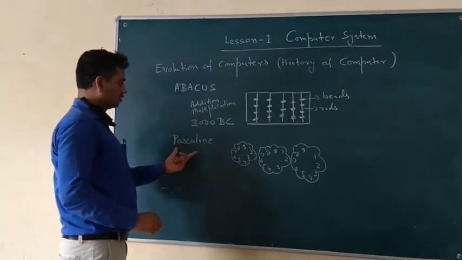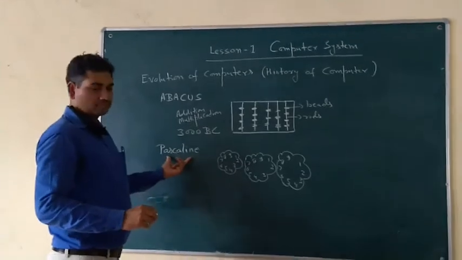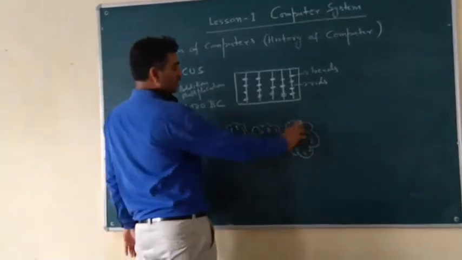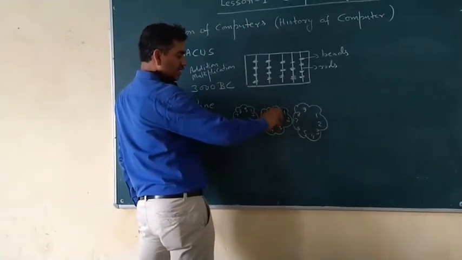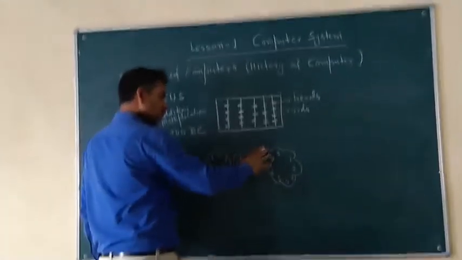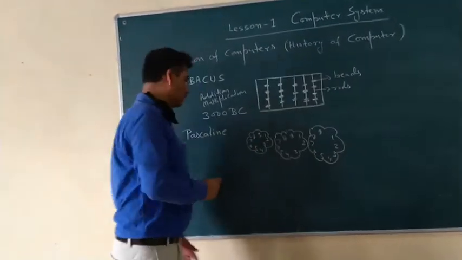Now next, Pascaline. There was one mathematician, Pascal, who made this system. If you rotate this 10 times, this is rotated once. So this machine was used for addition.